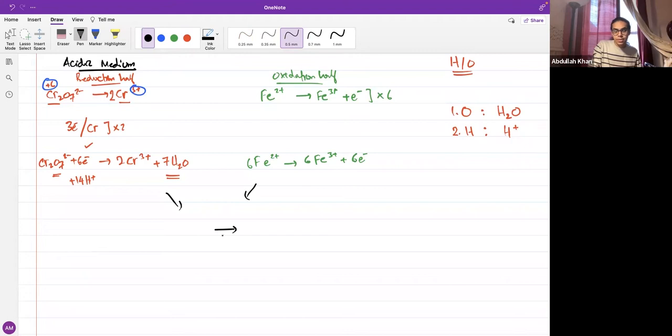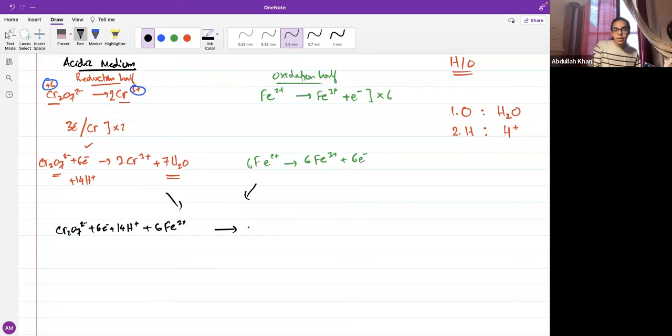Everything on the left remains on the left, everything on the right remains on the right. So Cr2O7 2 minus, plus 6 electrons, plus 14 H plus. This is all that was on the reactant side of the red. On the green, this is what I had on the reactant side.